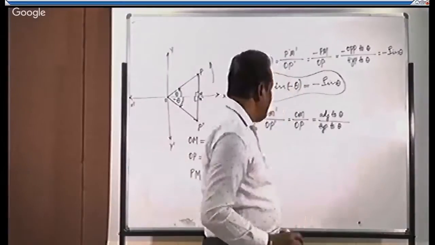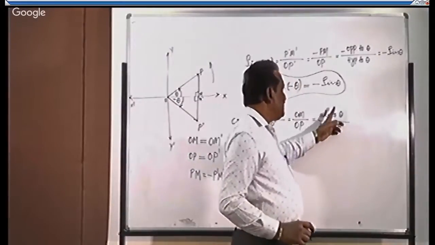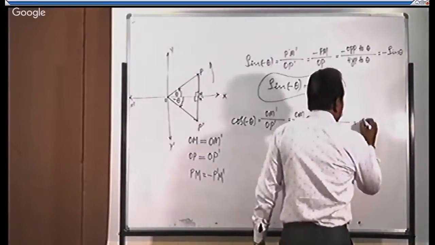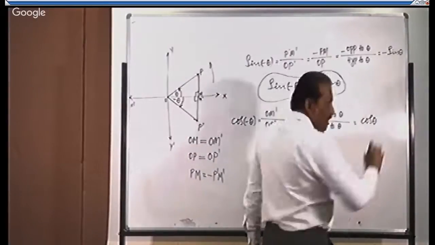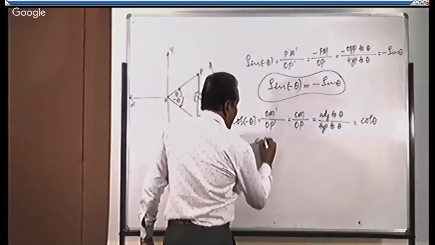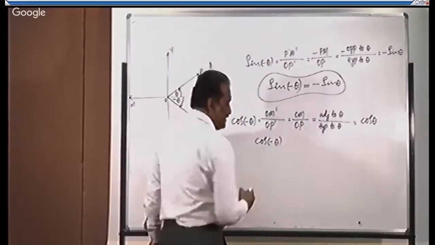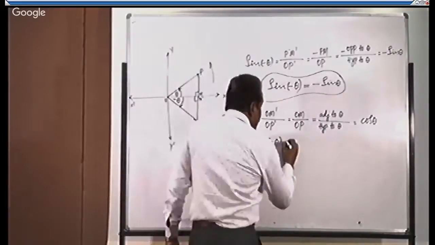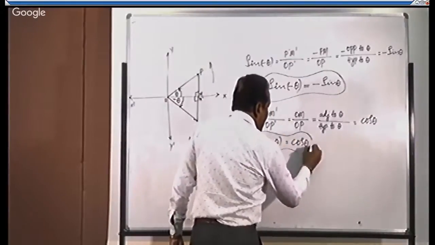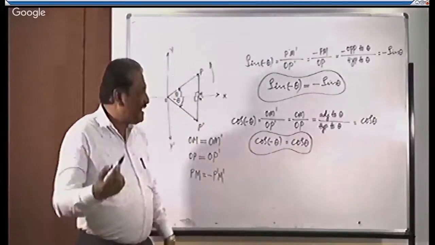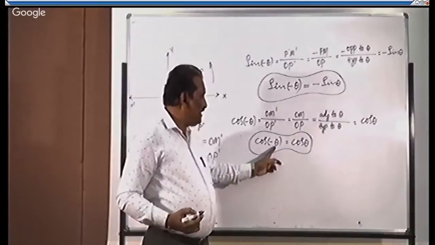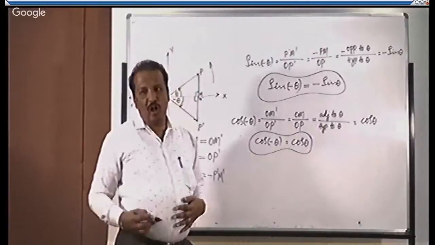But we know in the previous class a ratio from adjacent to theta to the hypotenuse to theta is cosine of an angle, that is cos theta. Therefore, finally we came to know cos of minus theta is equal to cos theta. Thus, you can connect minus theta for the cos function. The right hand side result is cos theta. Therefore, cos of minus theta is equal to cos theta.